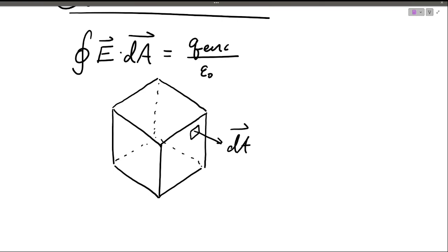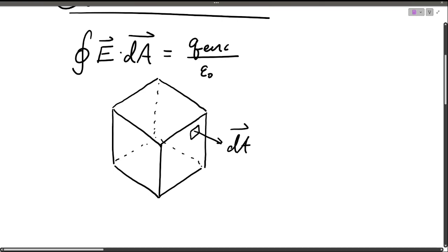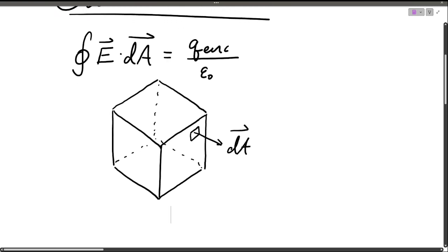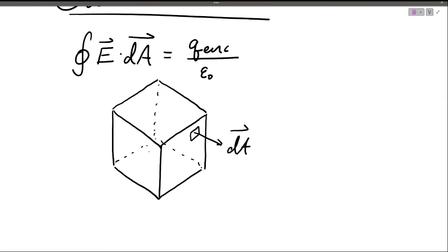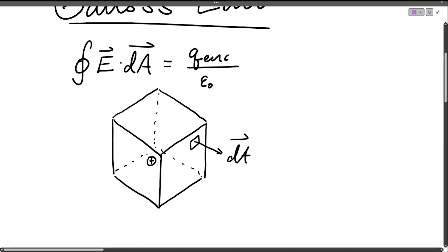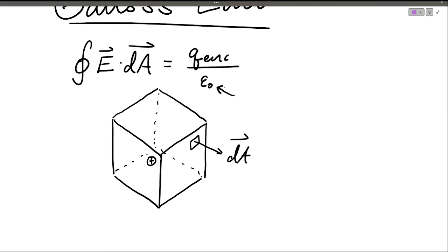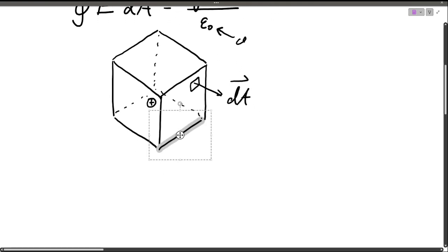How much does the E field flow outwards of this cube? And Gauss's law says that outflow of E field is equal to the amount of charge enclosed within the surface. So let's say there's just a little charge inside the cube, divided by epsilon naught, which is just a universal constant.